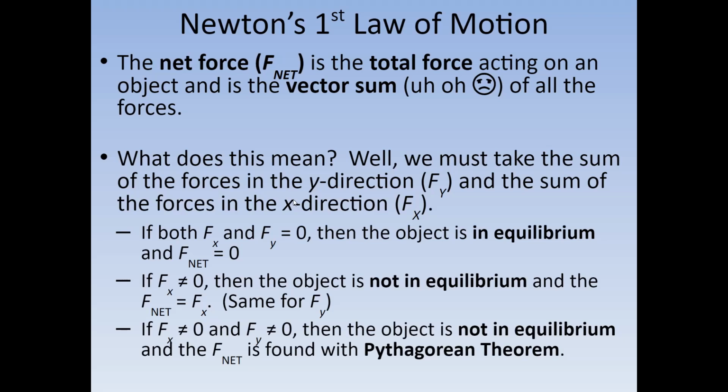And in a lot of cases it's going to be in the x direction. I don't want to make it sound like it's always going to be the case, because there are cases where the object's moving vertically with unbalanced forces, and you want to be aware of that. But a lot of times we have objects moving on horizontal planes, sliding across horizontal surfaces. So it's the horizontal forces that will usually be unbalanced when the object's not in equilibrium.